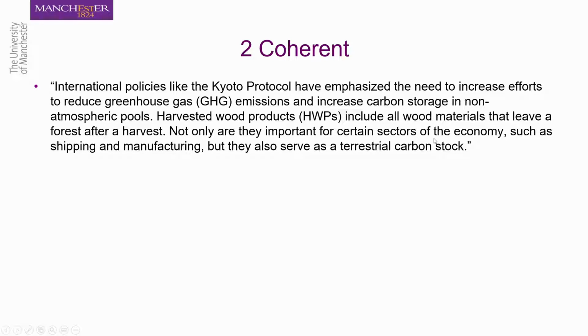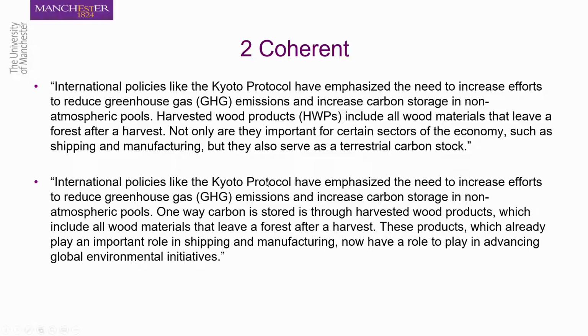So it would be better if you can make all these sentences connected. For example, you can say: international policies like the Kyoto Protocol have emphasized the need to increase efforts to reduce greenhouse gas emissions and increase carbon storage in non-atmospheric pools. First sentence, fine. Now, second sentence: one way carbon is stored is through harvested wood products.